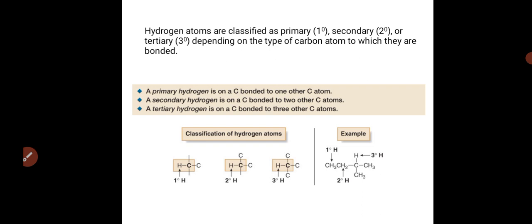In the secondary, you still have the hydrogen, but 2 carbons are attached to its carbon. And in the tertiary, we have 3 carbons attached. So this is the difference between primary hydrogen, secondary hydrogen, and tertiary hydrogen.